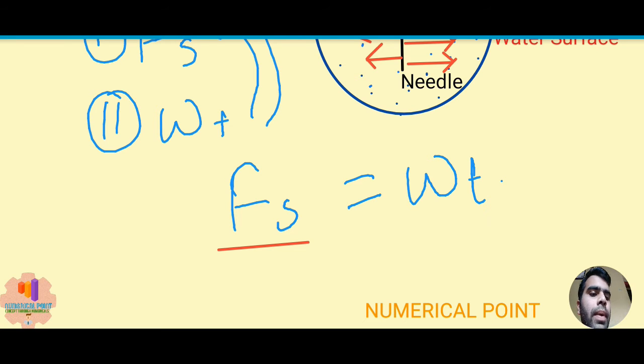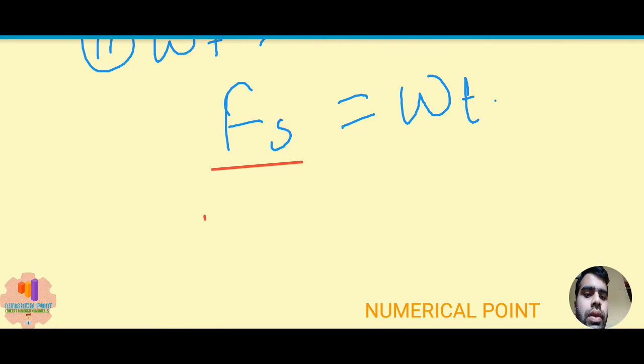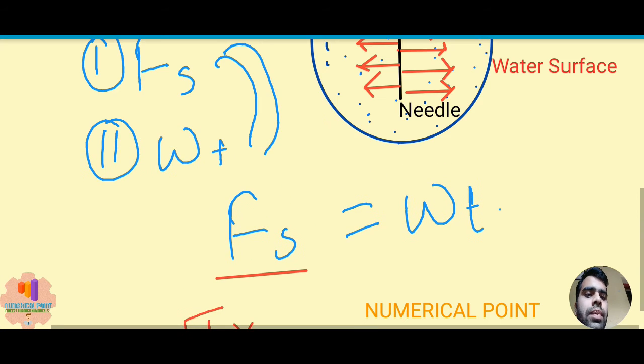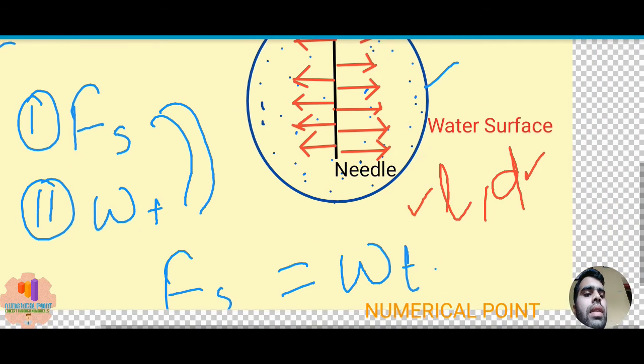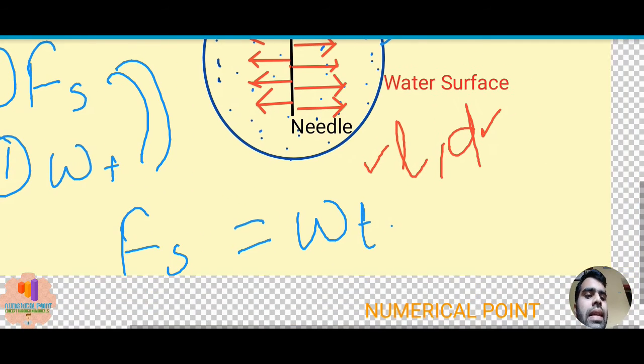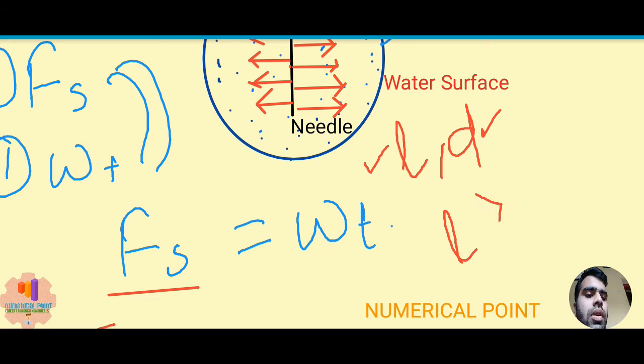and the magnitude of the surface tension force will be sigma into the perimeter. Okay, sigma into the perimeter. But here you can see, let's suppose the length of the needle is L and the diameter of the needle is D. As the needle is very thin, you can say L is very much larger than D. Okay, so we can neglect D in the calculation of the perimeter.